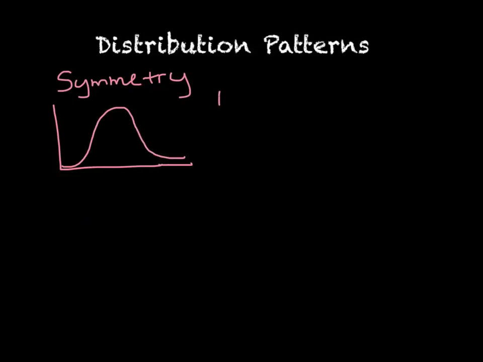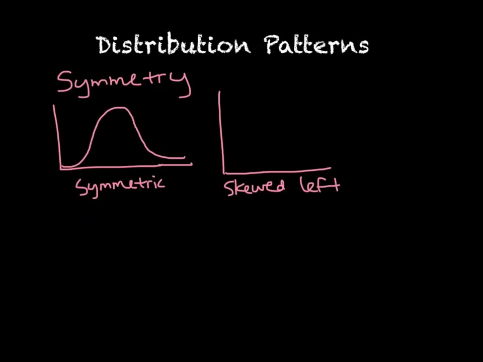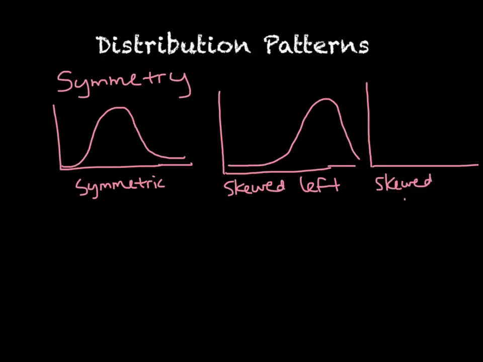It can be skewed to the left, meaning that it has a very long tail at the left side, or it can be skewed to the right, meaning it has a long tail at the right side.